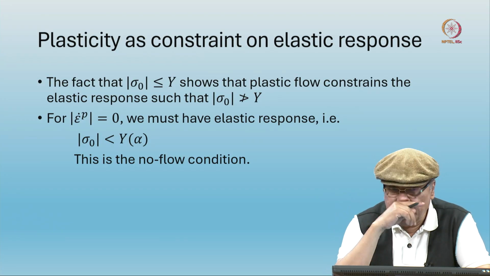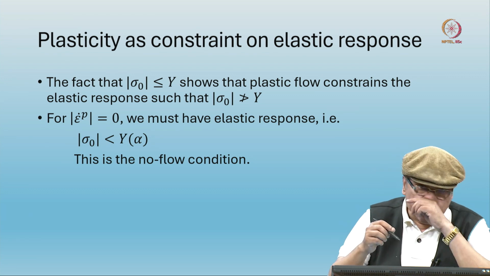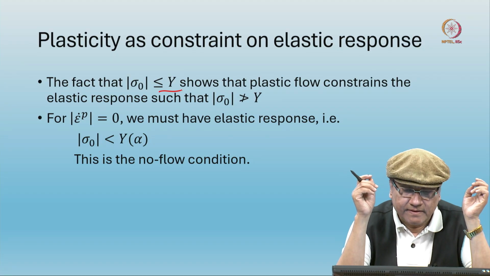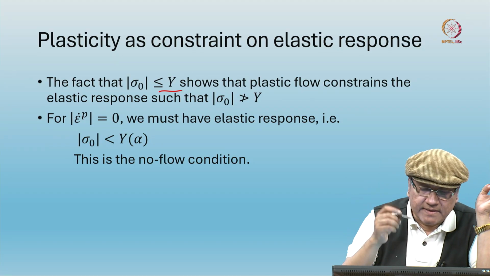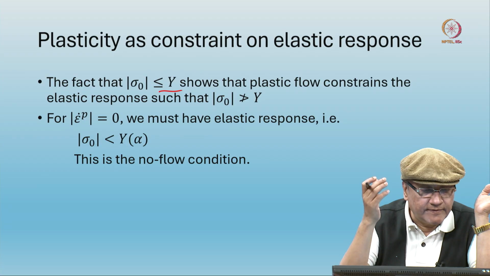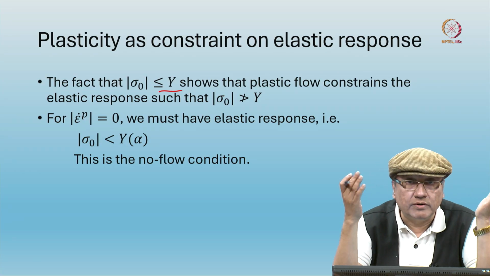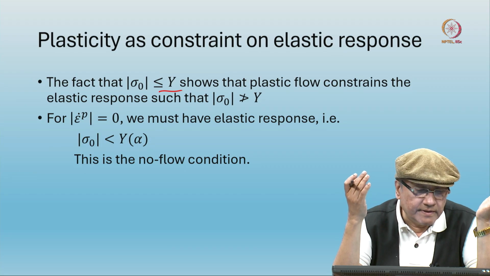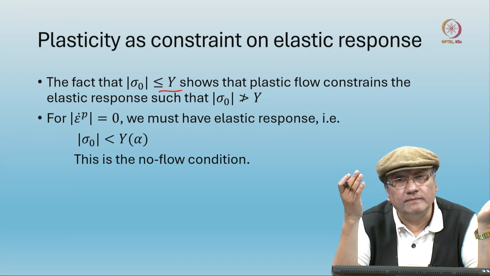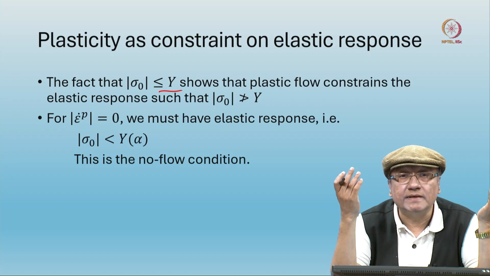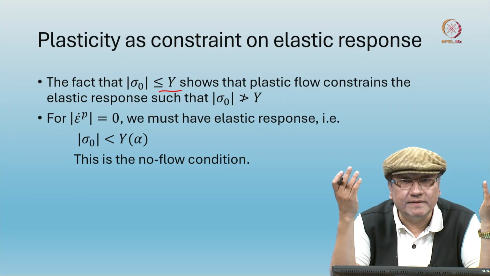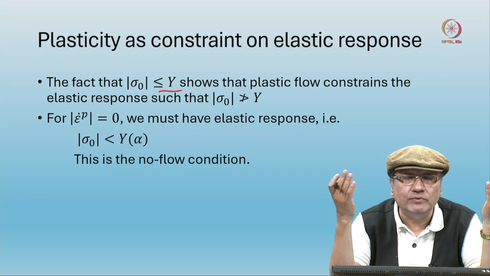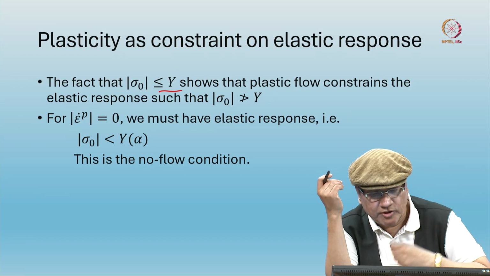That means whenever the modulus of sigma 0 is less than the flow resistance Y, it means that plastic flow is not occurring. If it is strictly less than Y, then plastic flow will not be occurring, because epsilon p dot will be 0, right. So, the plastic flow direction NP will be basically 0 essentially.